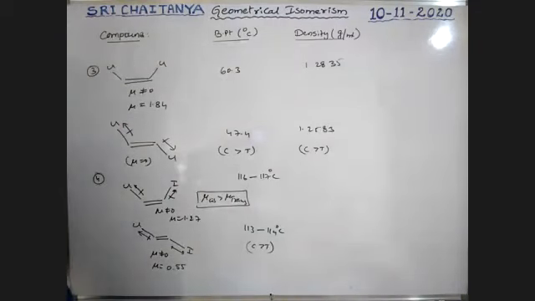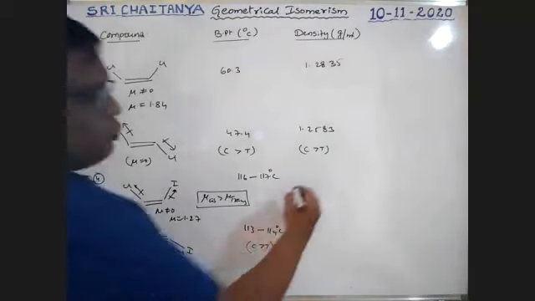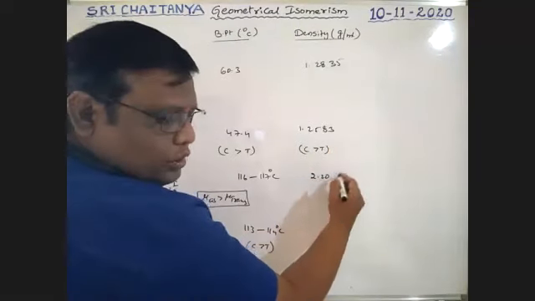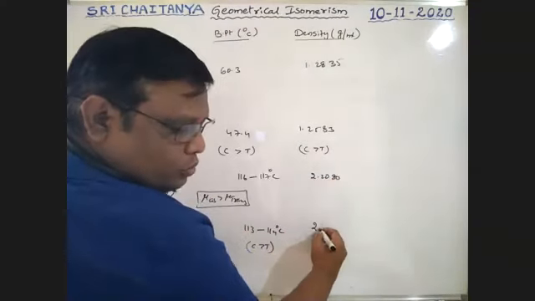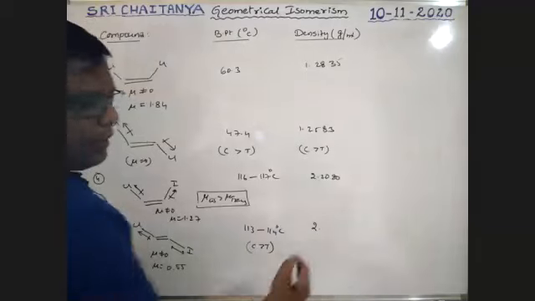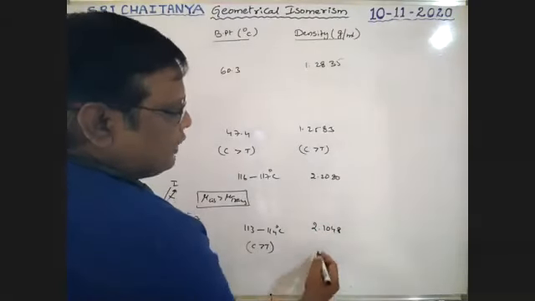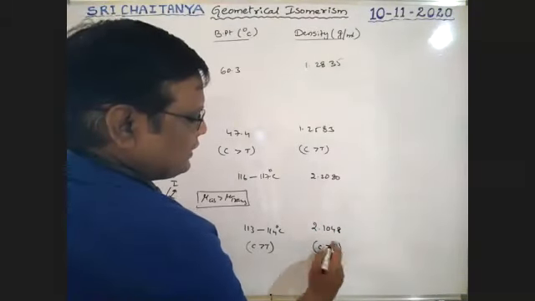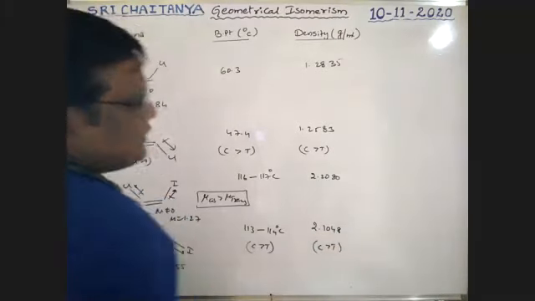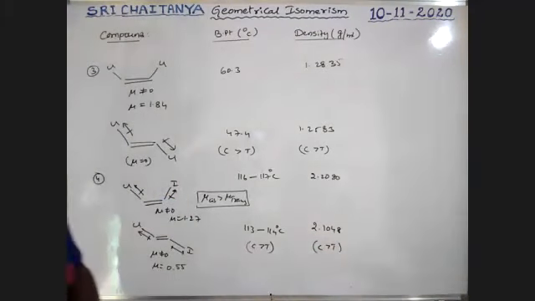Now density values, boys. The density value is 2.2080, and it has 2.10488. So therefore, once again, cis is greater than trans. In most of the cases, cis is greater than trans. Very rarely, trans is greater than cis, boys.